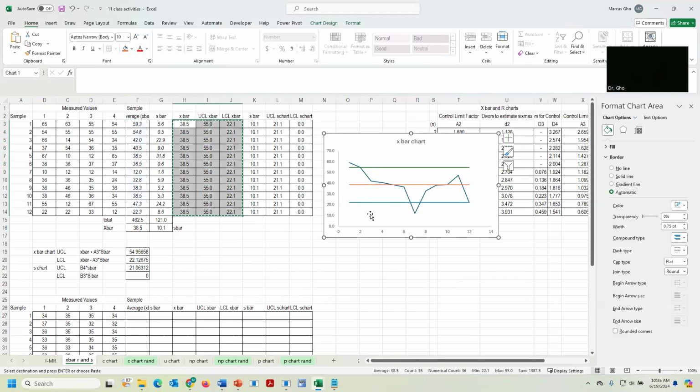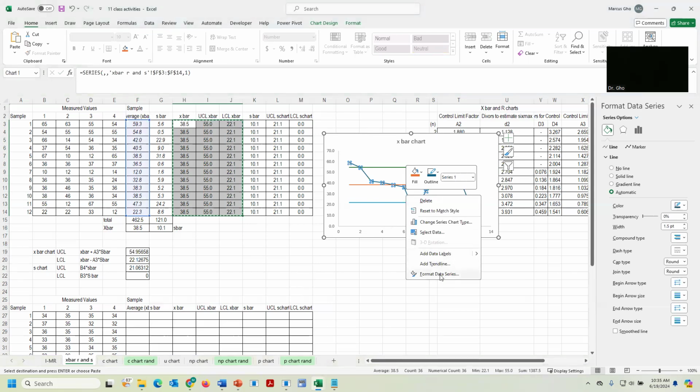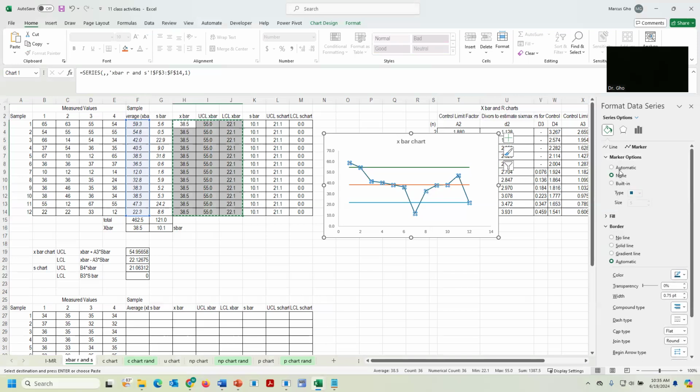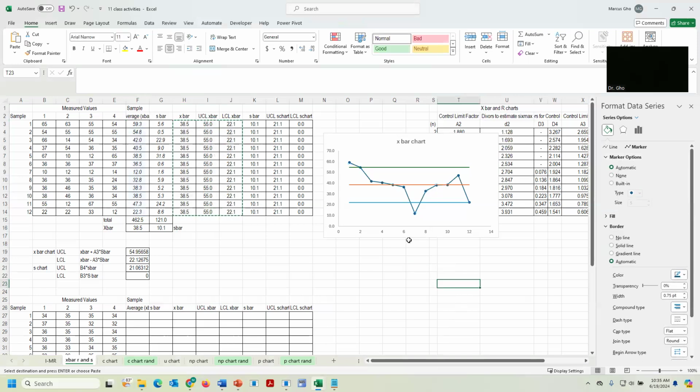So yeah, here I can see that the samples, at least initially, were above average. There was a period when they were below, then they're above again. It looks like I've got a few points. Just to make this easier for me to interpret, I'm going to add markers to this one. Let's see, add automatic. There, that's something.